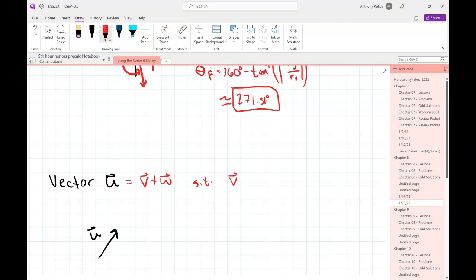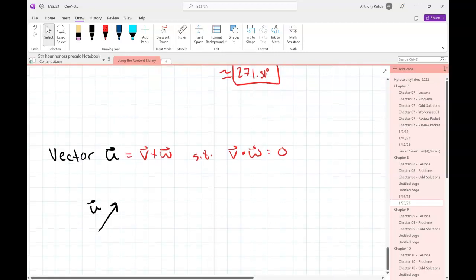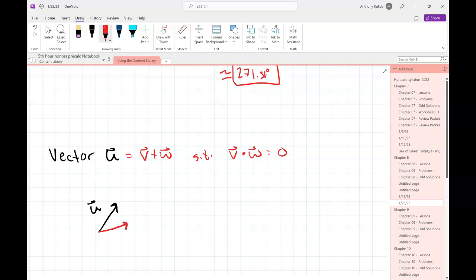But I don't want any old vectors. I want it so that those two vectors are orthogonal. So I want to be able to do that.